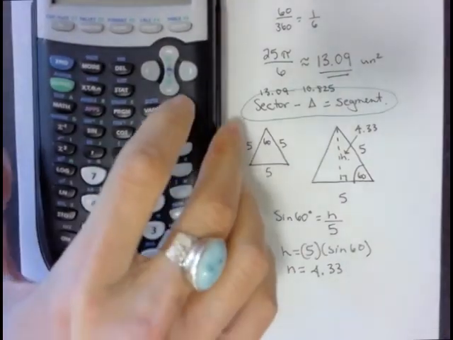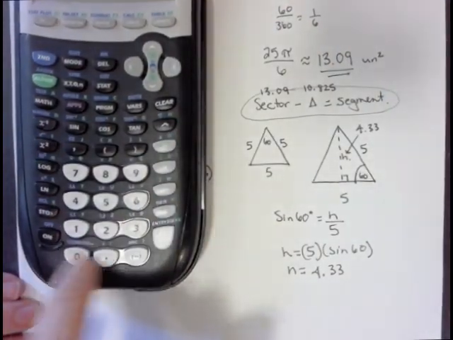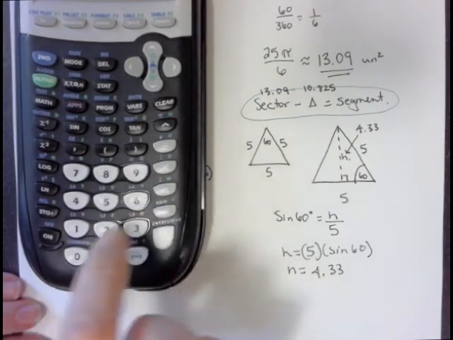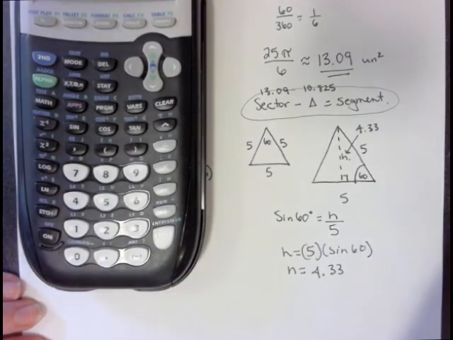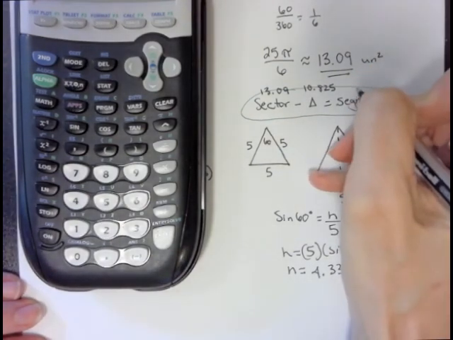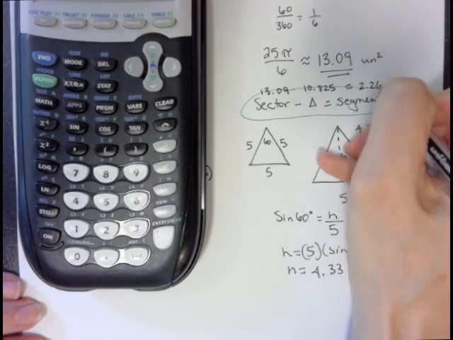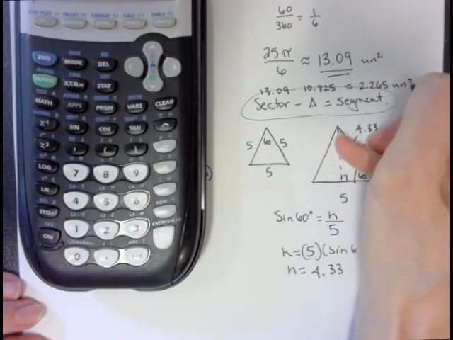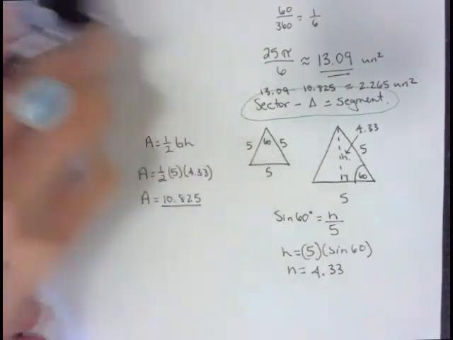And doesn't that make sense? That's a really tiny, tiny piece. 13.09 minus 10.825 gives me the area of the segment to be approximately 2.265 square units. And that's our final answer.